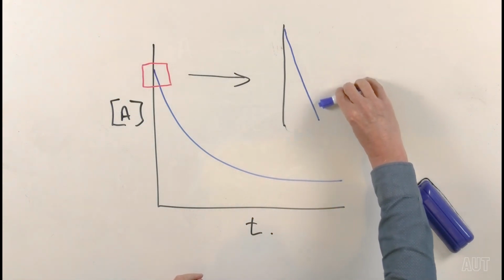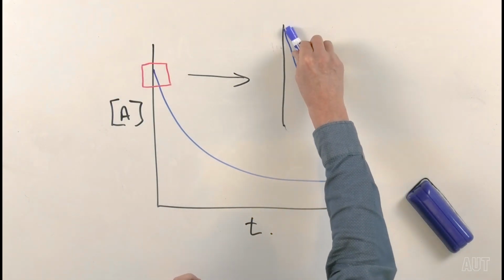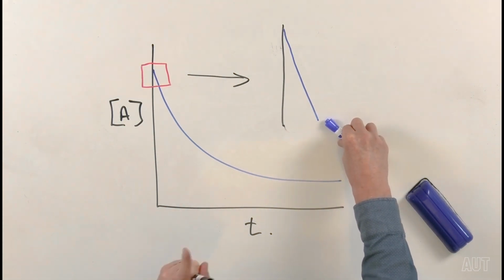Okay? And that's going to make life a lot easier for us, because if the curve is nearly linear, then the slope of that curve really at the start of the reaction is not changing very much.